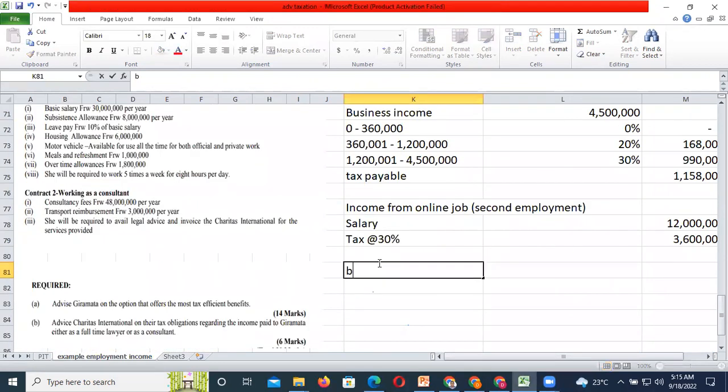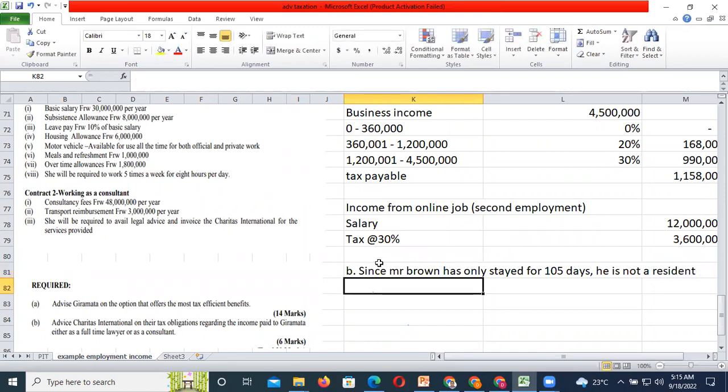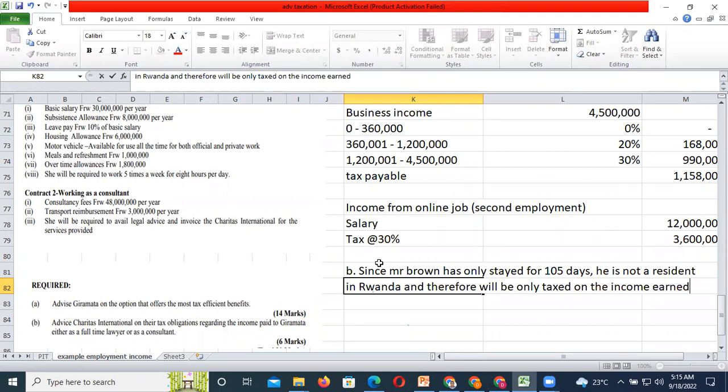If you look at part B, you can say that since Mr. Brown has only stayed for 105 days, he is not a resident in Rwanda, and therefore will be only taxed on the income earned in Rwanda.